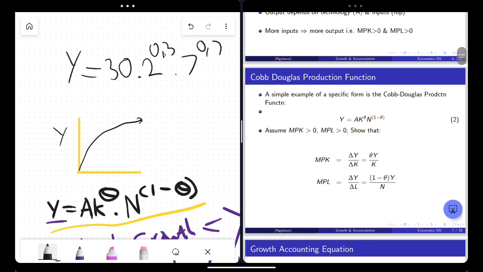So can you see how this and this make up 1? This means 0.3 of capital made up this GDP, total output growth. 0.7, which is this labor, made up that growth, 0.7 of GDP. This is their contribution to Y. They both contributed to Y in that manner.